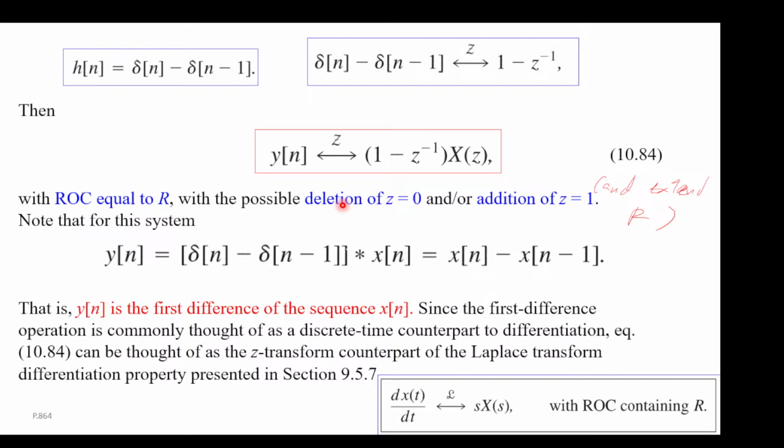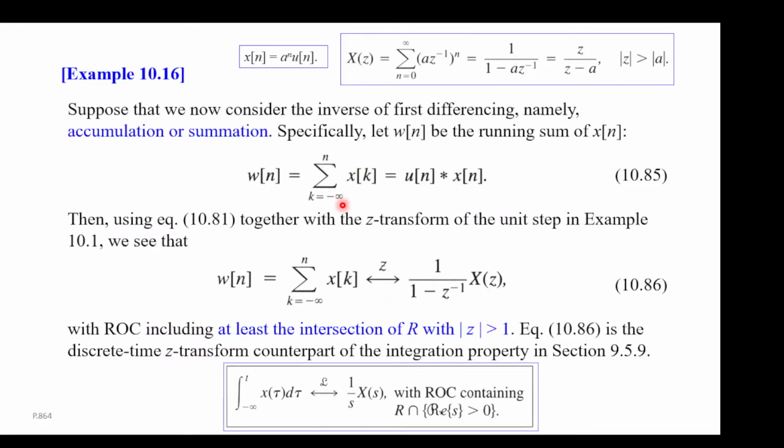Okay, and the next property about this convolution formula: we saw the first difference, and now we see its inversion, which is accumulation or summation.